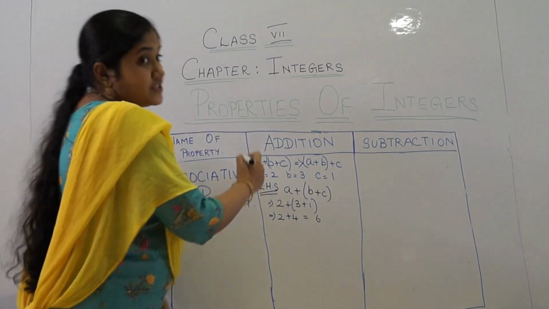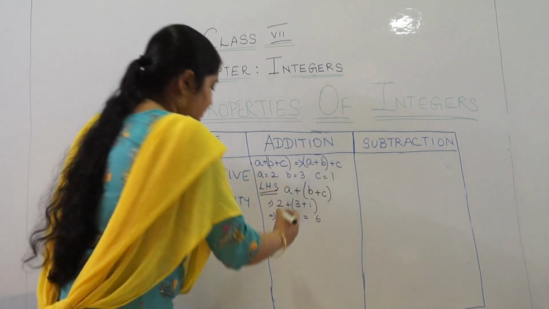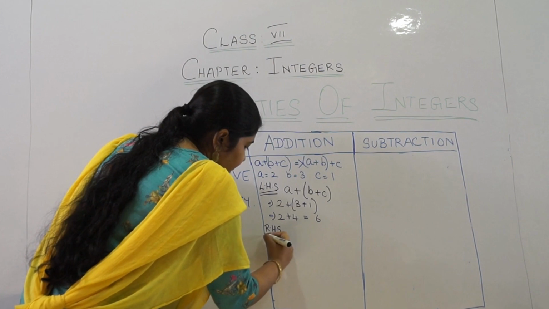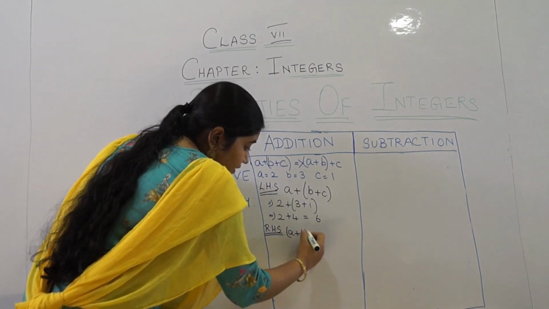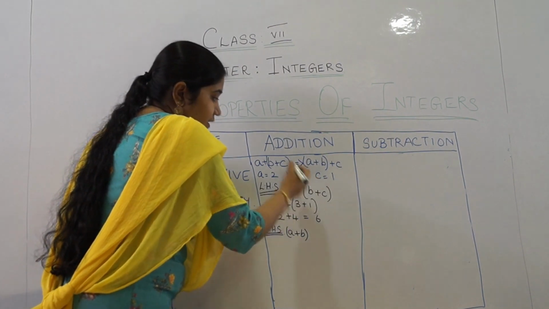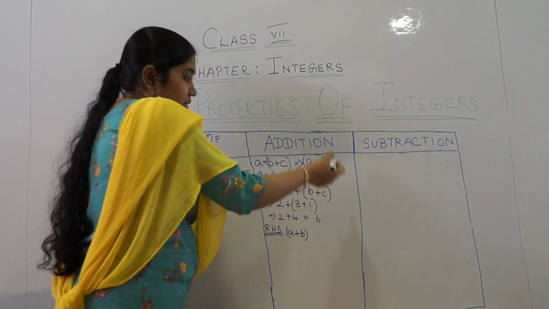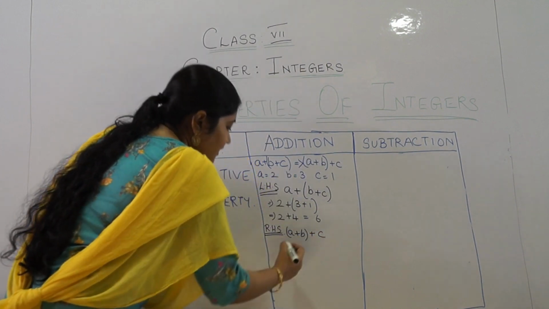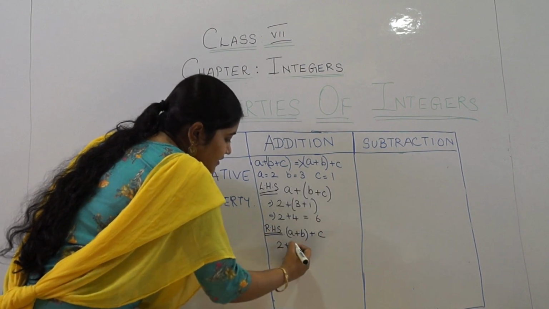Now let us check if this value is equal to the value on the right hand side. What is my RHS? RHS is nothing but (A plus B) plus C. The grouping differs. Please note that on the left B plus C is grouped, and here on the right hand side A plus B is grouped. What is the value of A? It is 2, plus the value of B, which is 3.